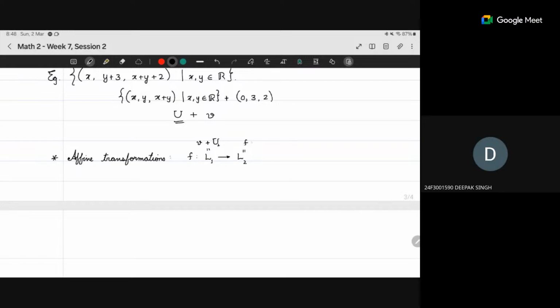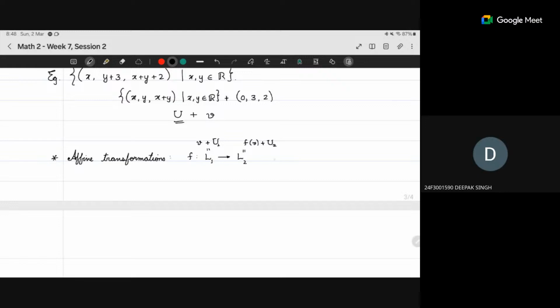And this one can be written as f of v plus U2, because f is a map from L1 to L2. So f of v is an element of L2. And as long as it's an element of L2, I can use that to give it this vector plus vector subspace representation. So the underlying subspaces of L1 and L2 are U1 and U2 respectively. And I'm just choosing to write it this way.